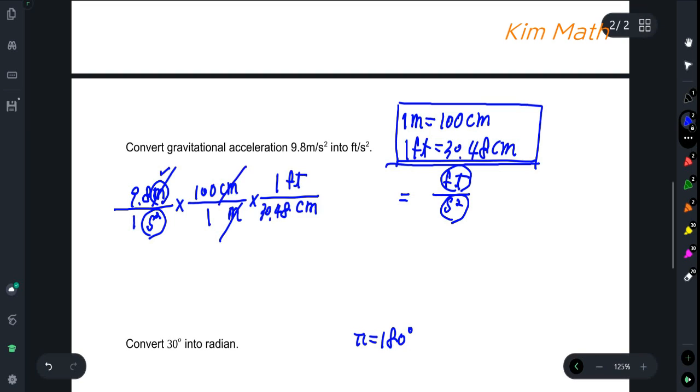So again, centimeters will be cancelled out. So if you think about the unit only, you have feet, you have second squared. That is what I want, right? And calculation is not a big deal. You can find 32. Actually, this is about 32.